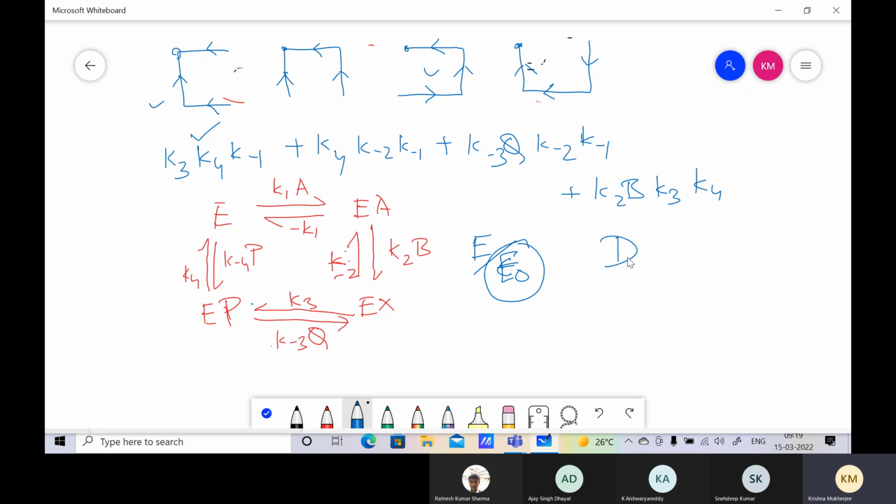And this denominator is rather large. And so really what we are saying is that we have to find out E by E naught, EA by E naught, and then EX, this X that I wrote, as EX by E naught, and E naught is nothing but this plus this plus this plus, of course, EP by E naught.